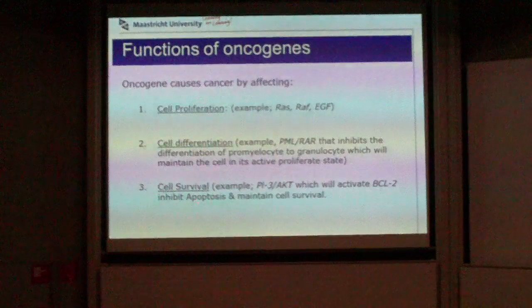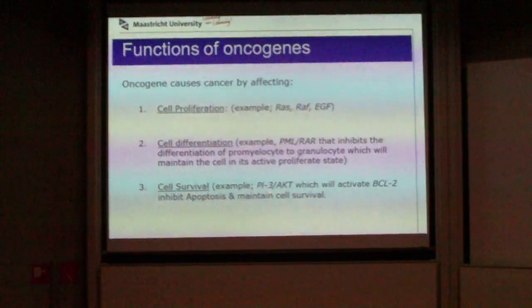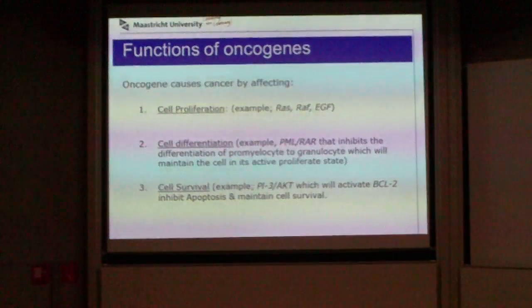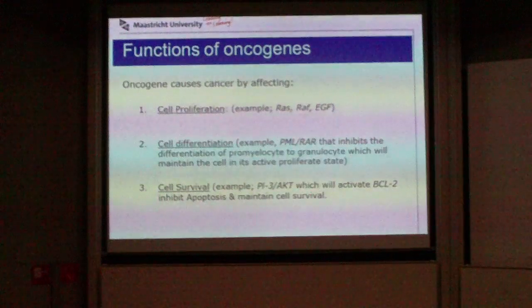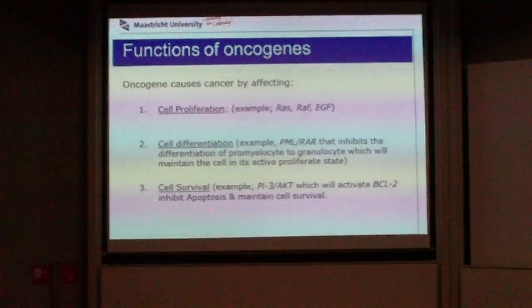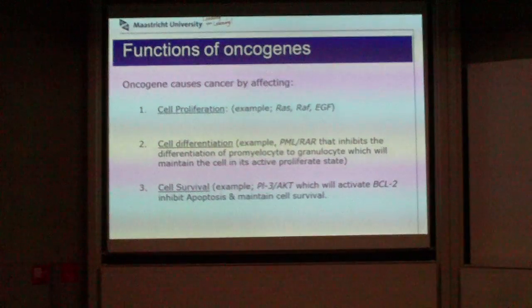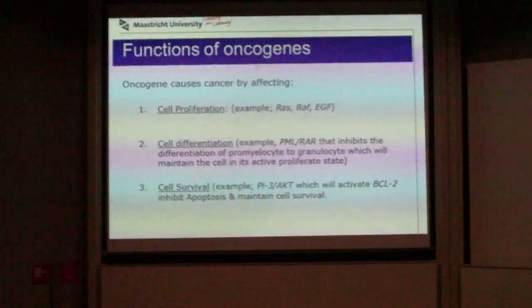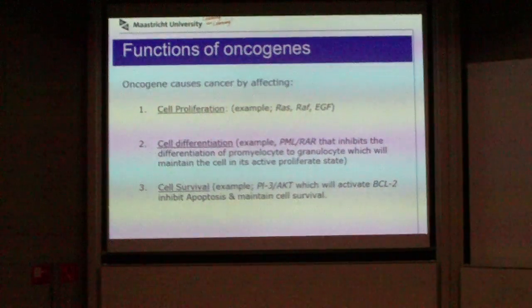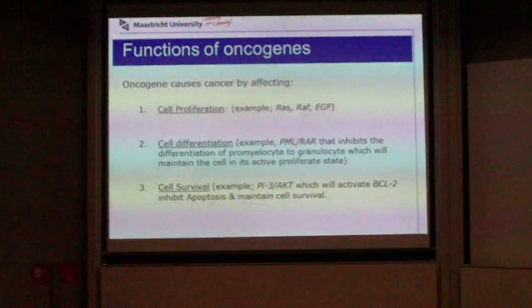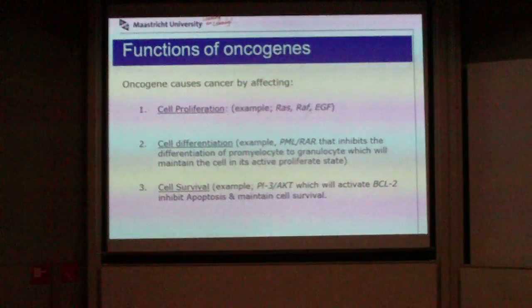Or cell survival, which activates BCL2, which inhibits apoptosis and maintains cell survival. So once the cell has been transformed, they keep the cell in a surviving state, which then contributes to cancer development.